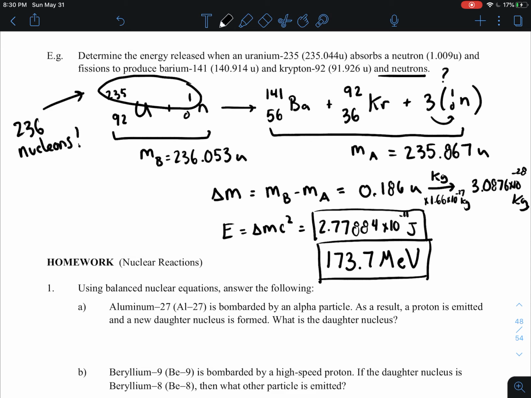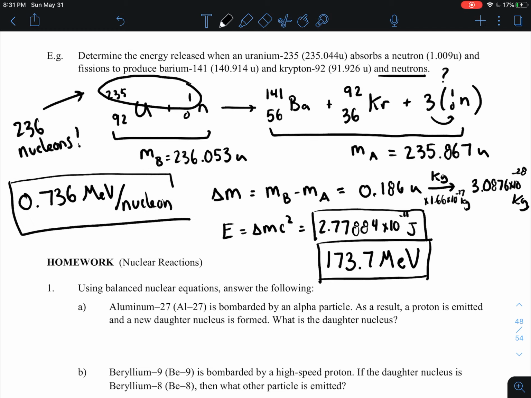But in that case, you would take your energy and divide it by 236. So if I divide that by 236, I end up getting 0.736 mega electron volts per nucleon. Once again, depending on the question, you might be able to choose option A, option B, or option C, depending on how the question's worded.